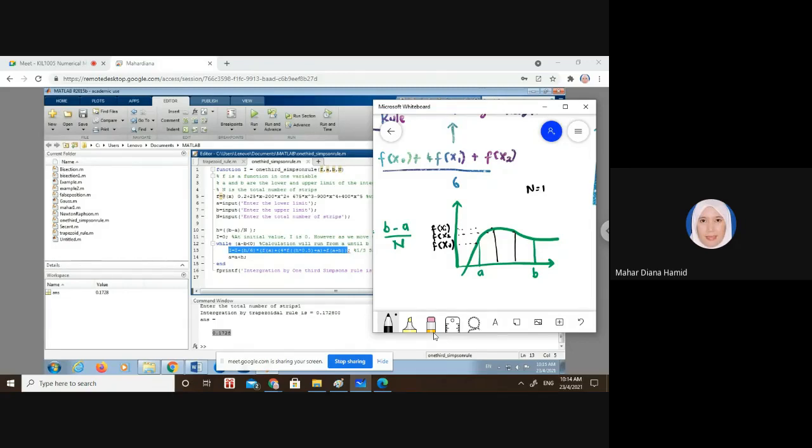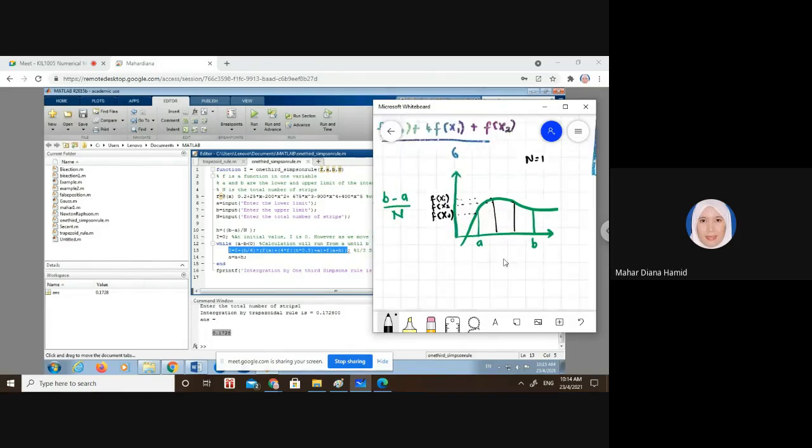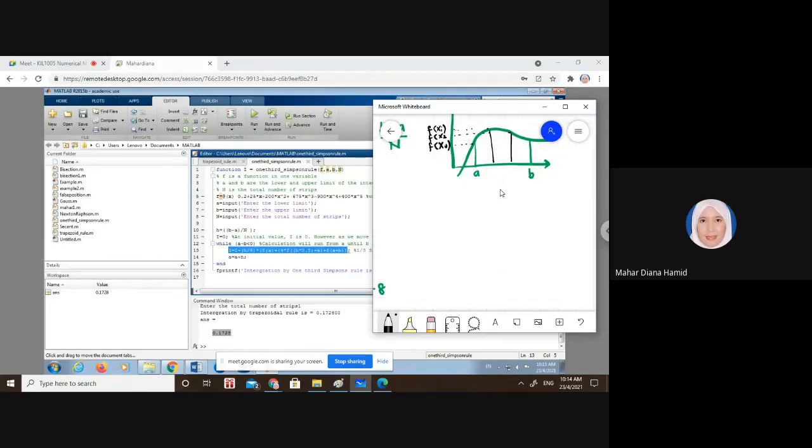So from here, if you try to compare with the MATLAB code, we are going to focus on the second part, because the I here corresponds to the initial value. Since the initial value for the first iteration is 0, we are going to focus on the second part.